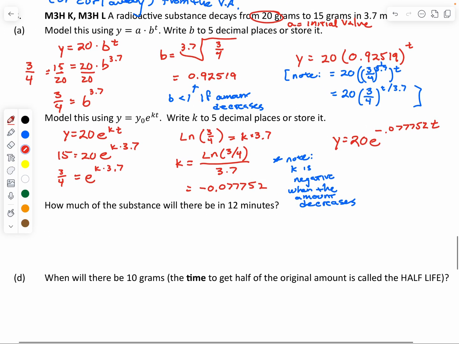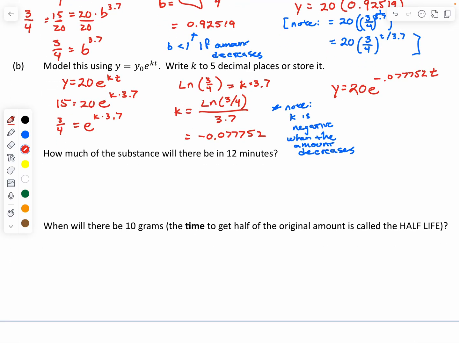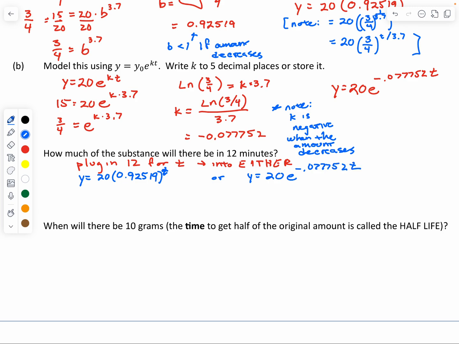Okay, so for the last two questions, you can use either formula. I'm going to do both. You don't have to do both, unless you're told to. So if I have, okay, so plugging in 12.